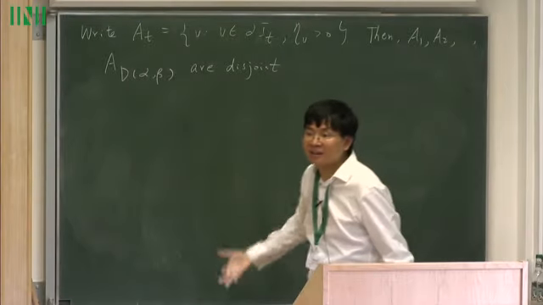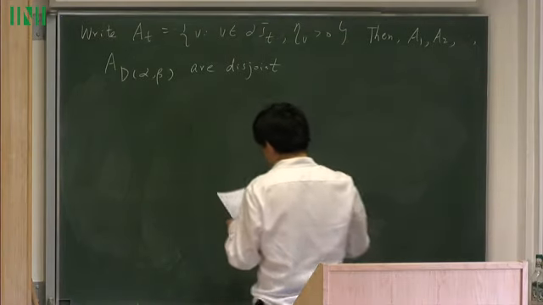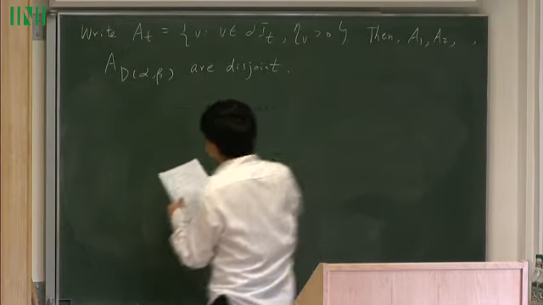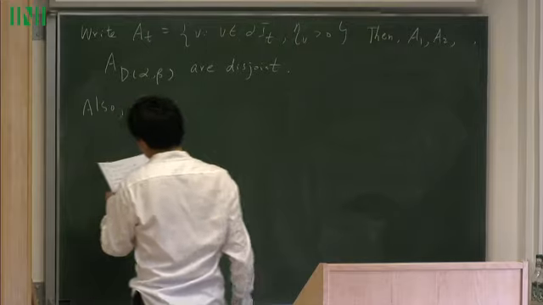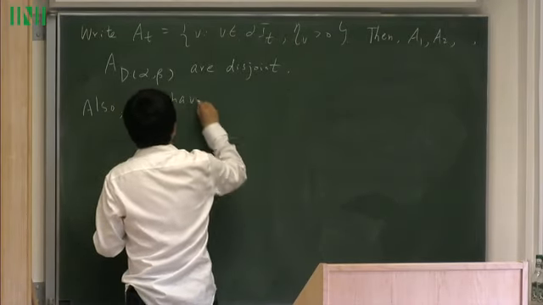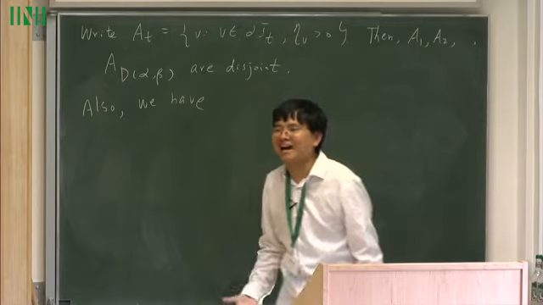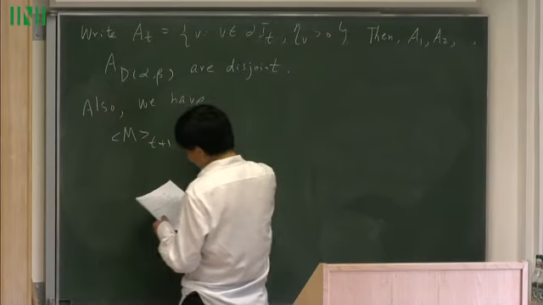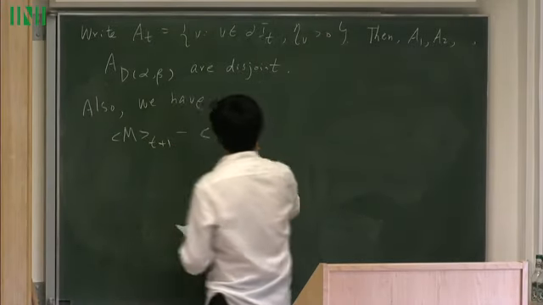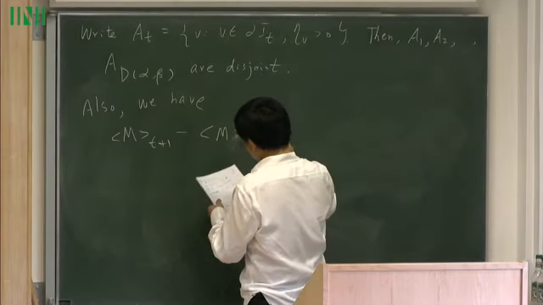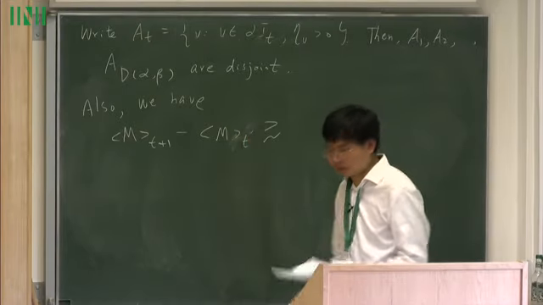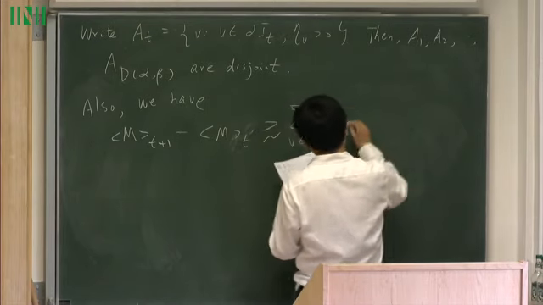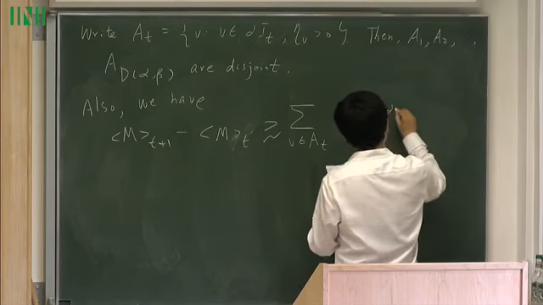And necessarily they have to be lattice points. So this is one observation. Also, I'm going to cheat, hopefully for the final time: the quadratic variation at time t plus 1 minus the quadratic variation at time t is larger, up to a constant, than the sum over A_t of the harmonic measure squared.